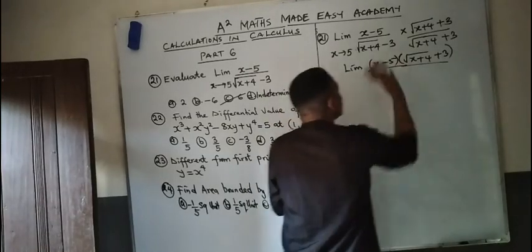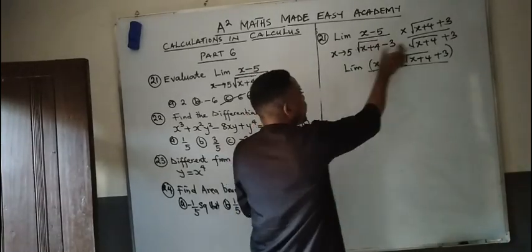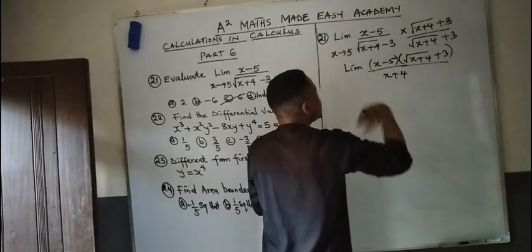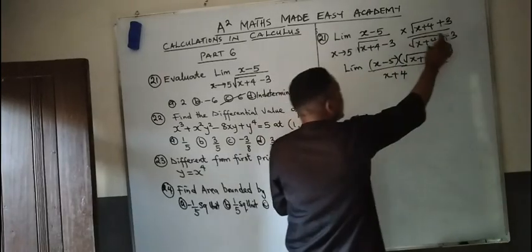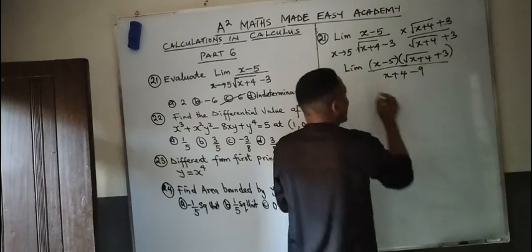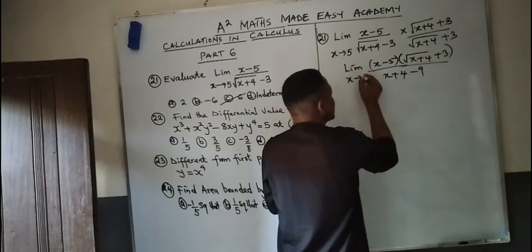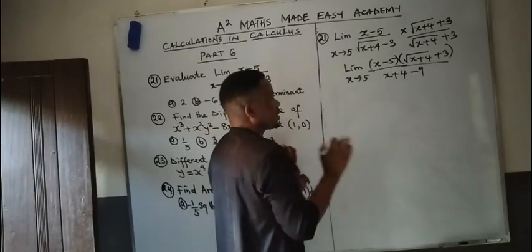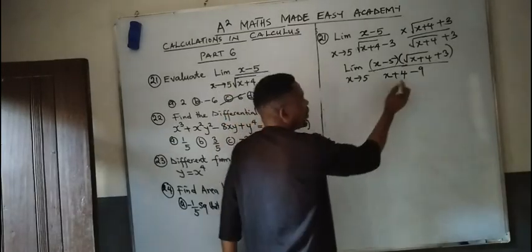Now, what comes to the denominator is very simple. This one will multiply this to give us x plus 4, which means it has disappeared. And this one multiplied by this one will give us minus 9 as x approaches 5. Are you with me? Now, this is the first step. Can you see that only this line I'm okay? Now, what do you think will happen?